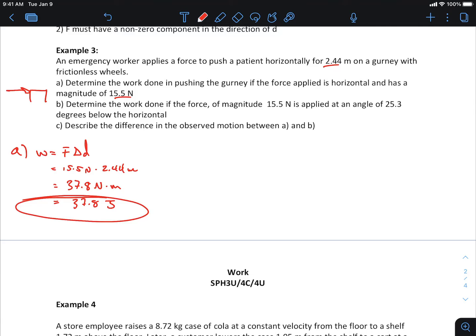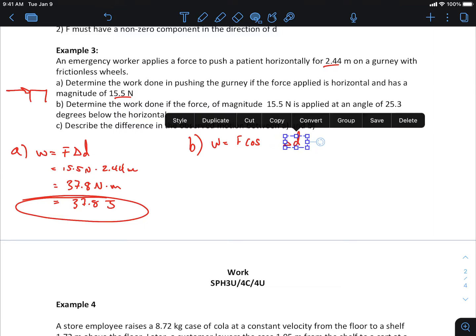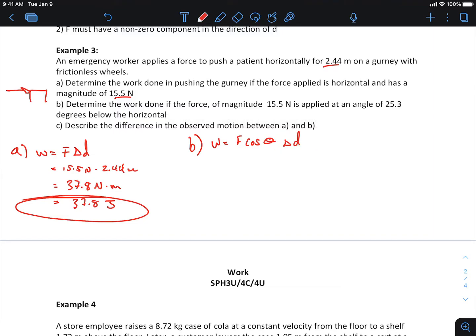Now, part B wants us to look at what happens if we apply that force below the horizontal, right? Okay, I missed the theta in the equation.